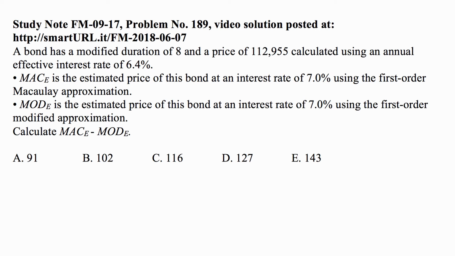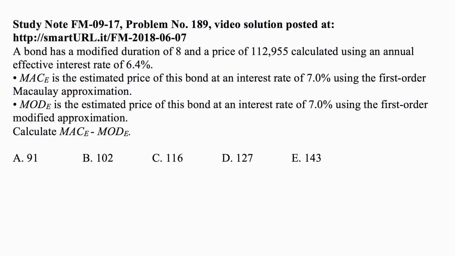Here's a problem for today, June 7th, 2018, exam FM on financial mathematics. A bond has a modified duration of 8 and a price of $112,935, calculated using an annual effective interest rate of 6.4%.